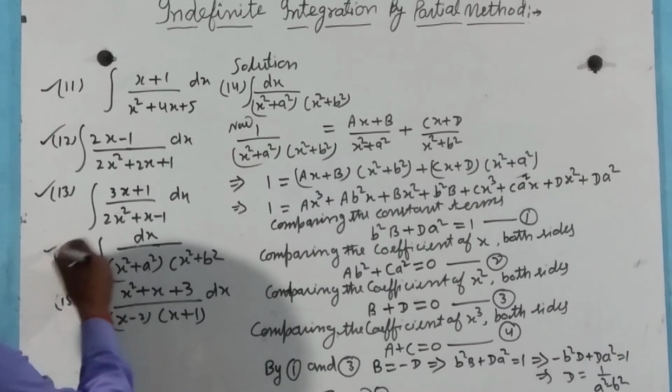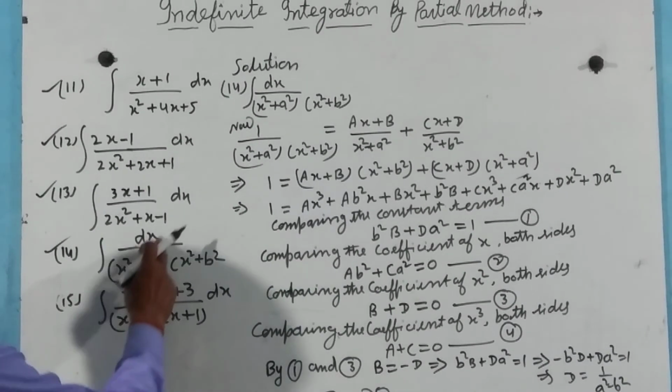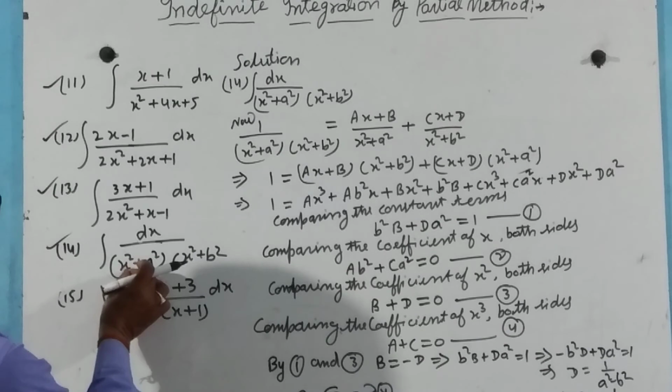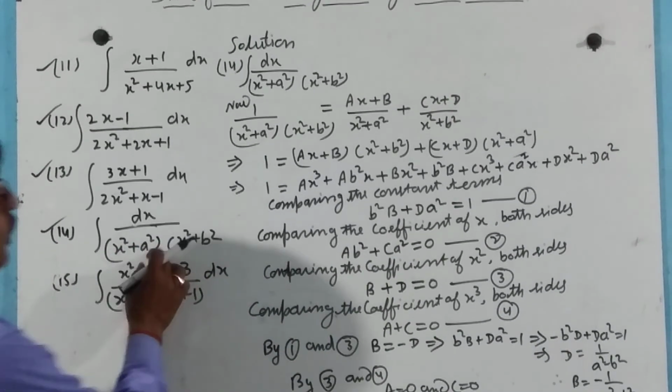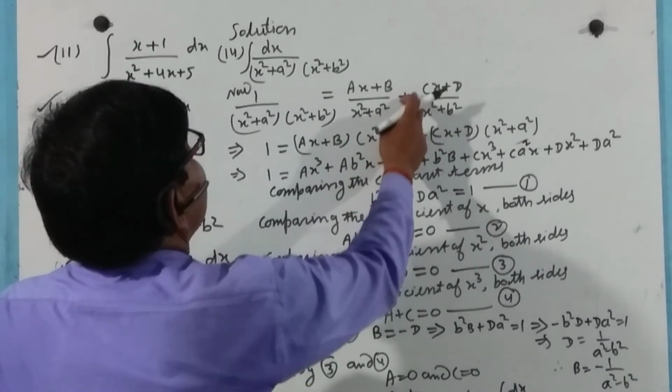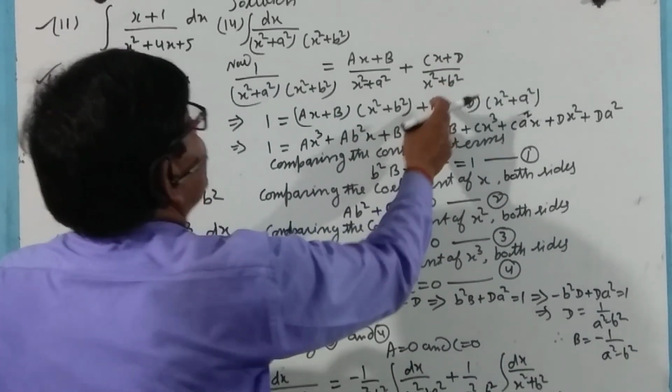Now question number 14, integration of dx by (x square plus a square)(x square plus b square). This is the square form, so we assume (ax plus b) by this and (cx plus d) by this term.